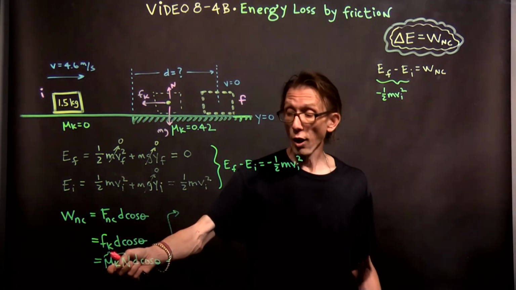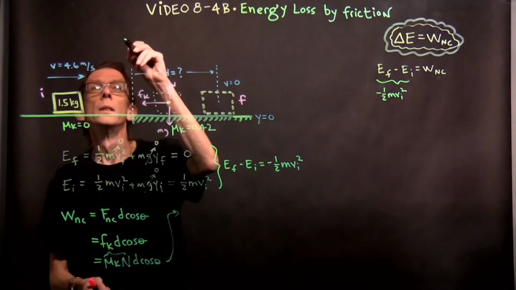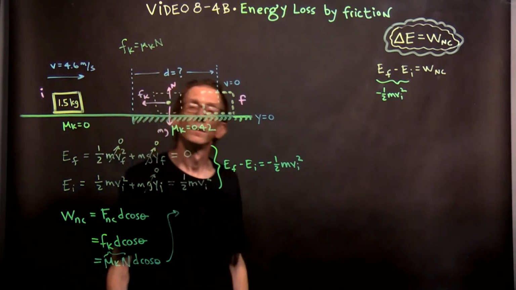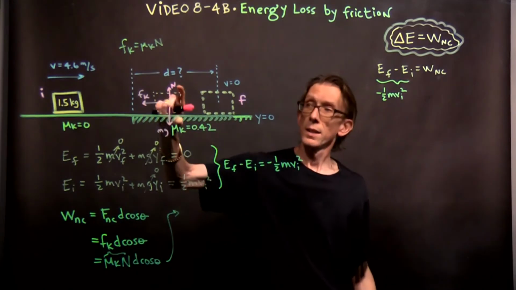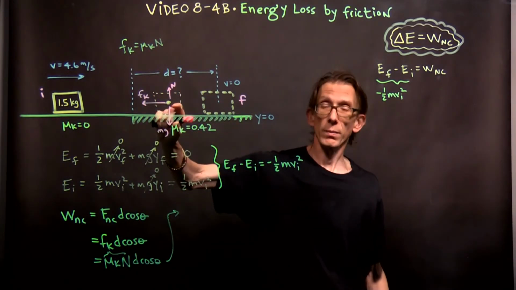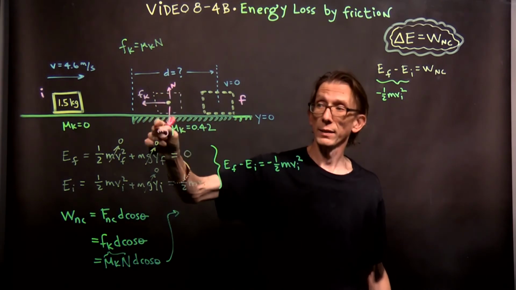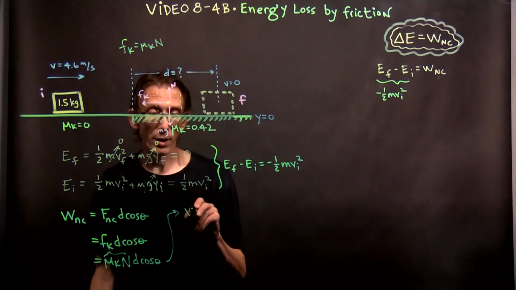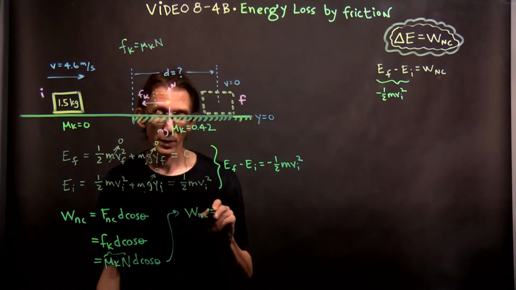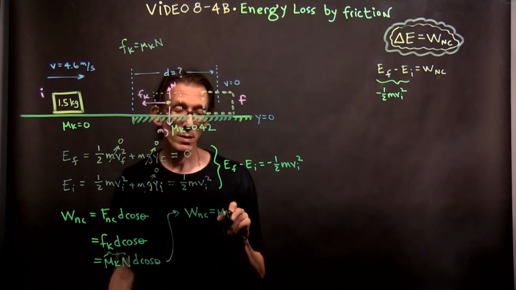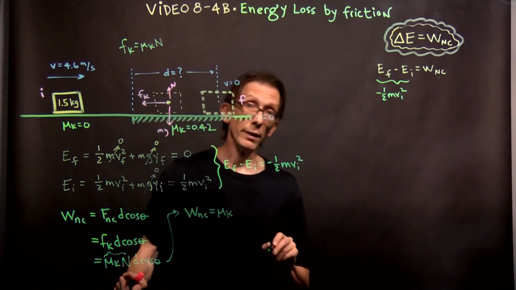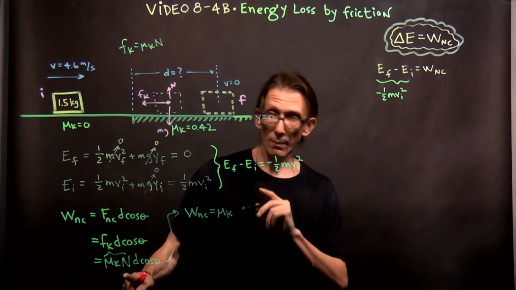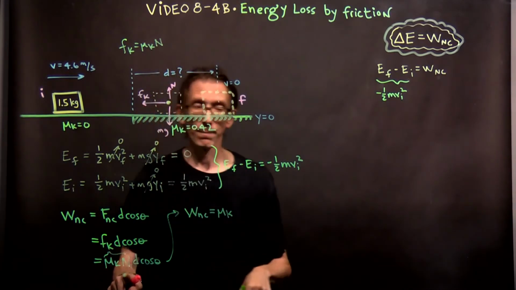But F sub k can always be written mu sub k n. And in this case, the normal force has the same magnitude as mg. Those forces are equal and opposite. They cancel out. So we can write that the work done by the non-conservative force of friction is mu sub k times n. Watch closely. N is mg.